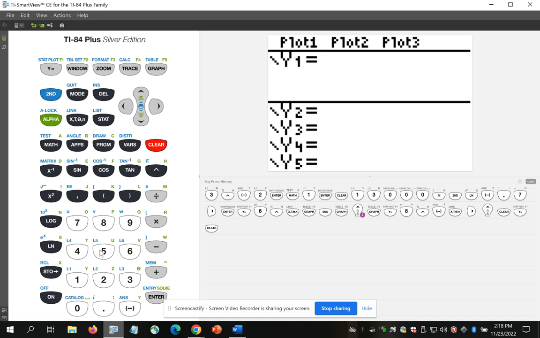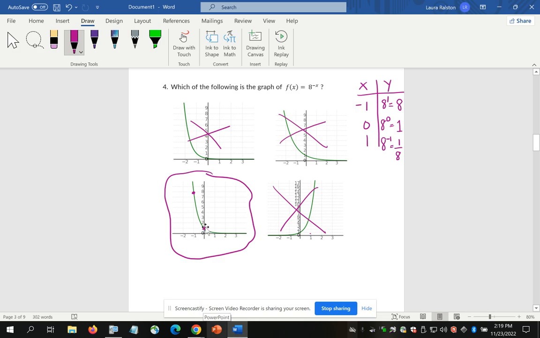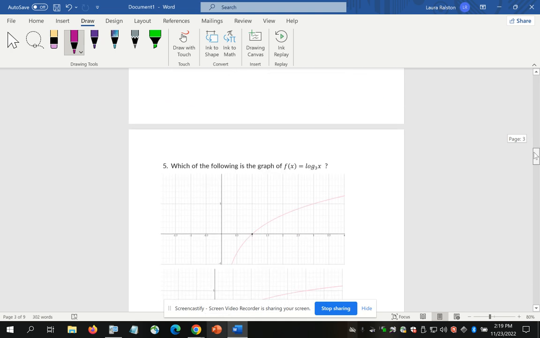Okay, so I would have 8 raised to the negative x power. And again, I can graph that and get an idea of what it should look like. Now, the difference you have to be careful about is that the scale on your graph on your calculator may not be the same scale on the graph on your picture, but it gives you an idea of what it should look like.